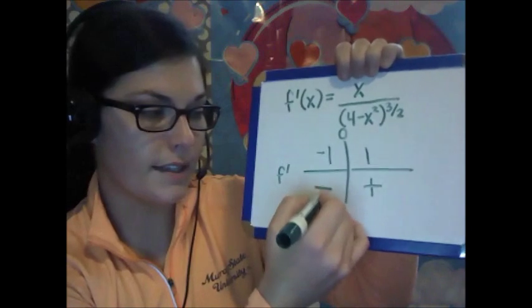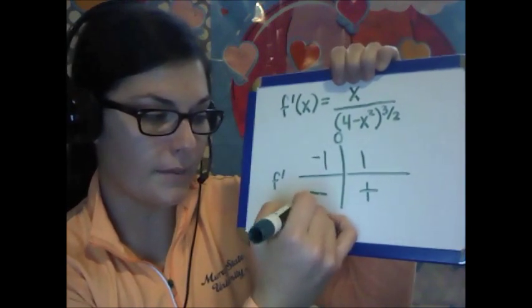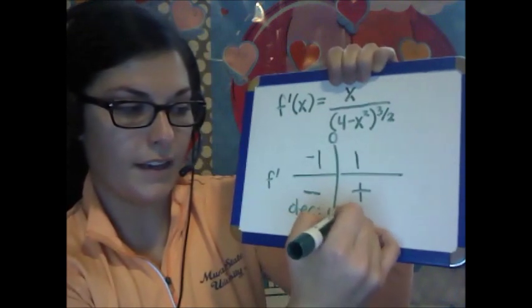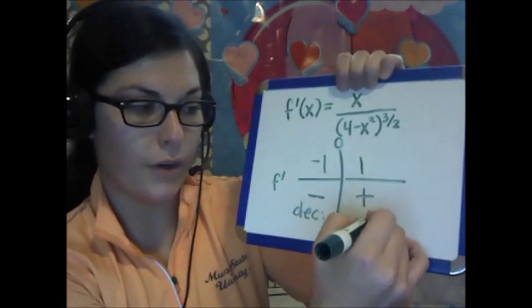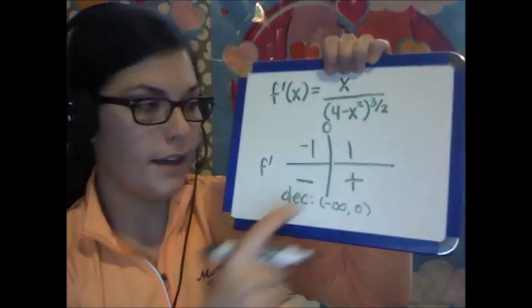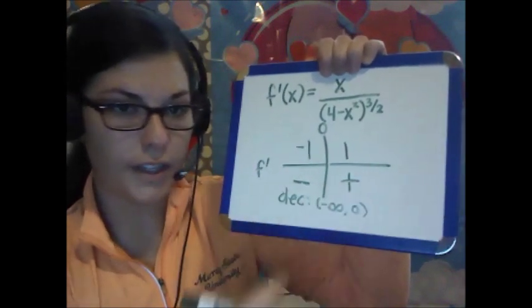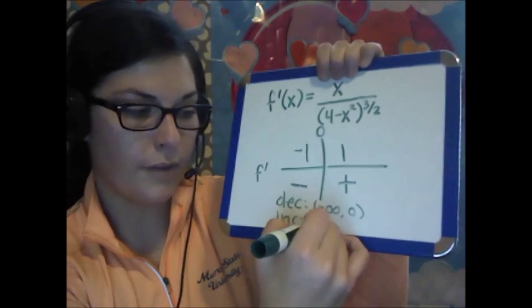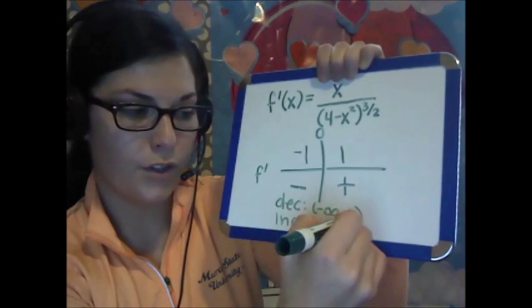So first I'm going to see this negative means that I am decreasing from negative infinity until 0. And then this positive in my sign chart tells me that I am increasing from 0 to infinity.